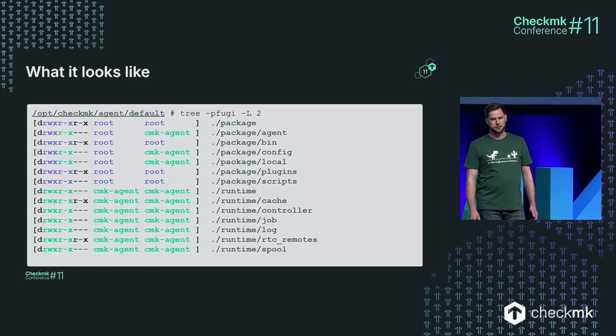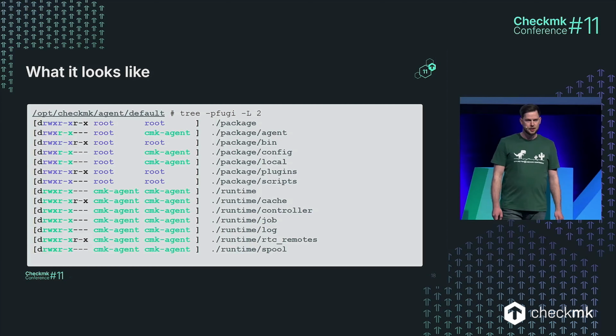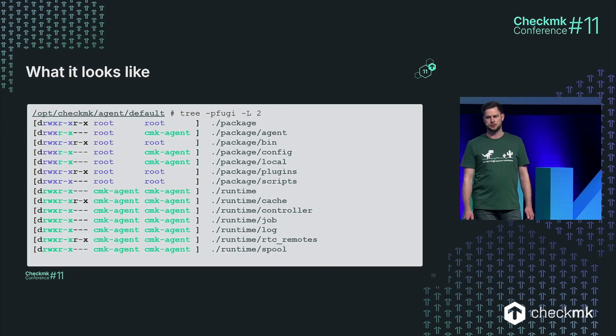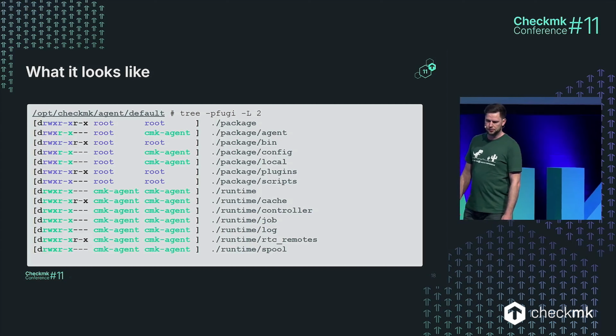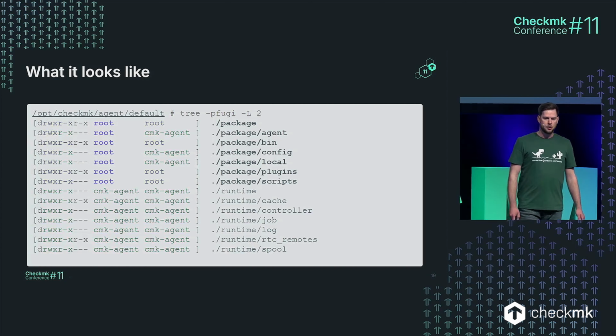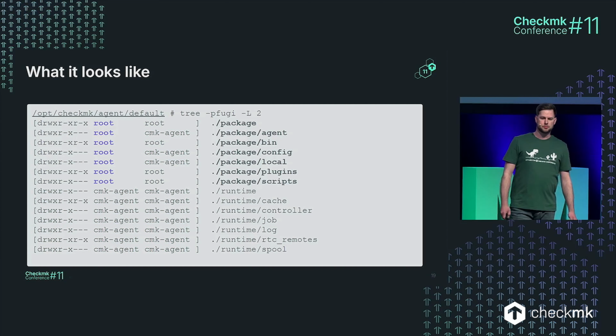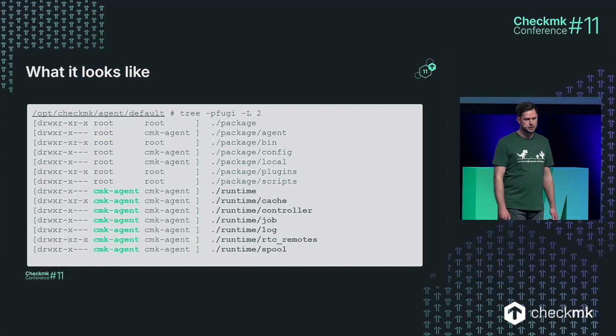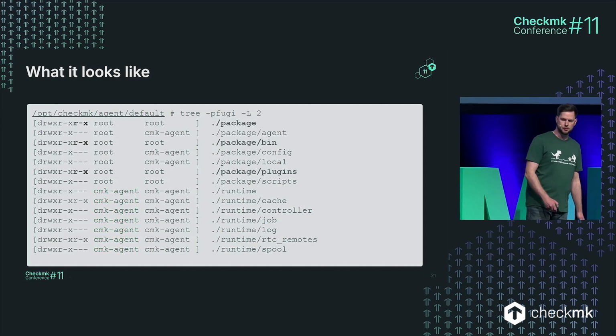Let's have a look at what this looks like. Here you can see the first two levels of the agent's folder structure. Only showing the folders here, but the files, they follow the same logic. All package files are owned by root, while all runtime files are owned by the agent user.